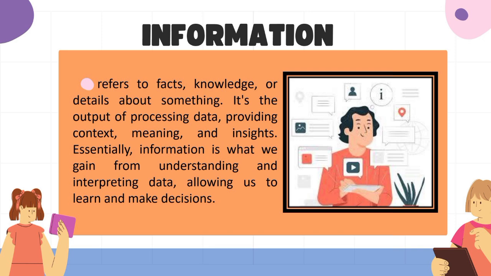So, in short, information is what we receive from others, what we hear. For example, if there is someone talking, then that is the information, and it allows us to learn and make decisions based on the information that we hear and understand.